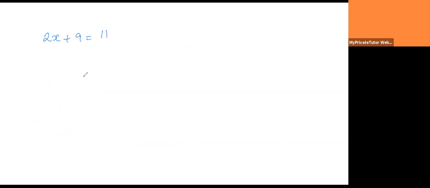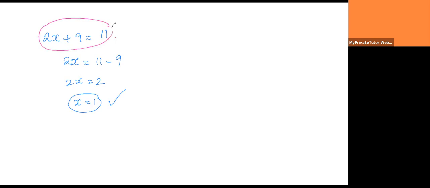Since we have only one variable, we are going to find the value of x. So you will move this 9 to the other side. You will get 11 minus 9, 2x equals 2, and x equals 1. You might have learned all these things. So this is a linear equation with one variable.